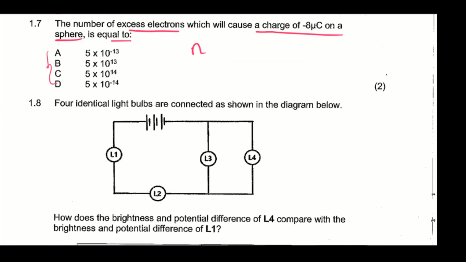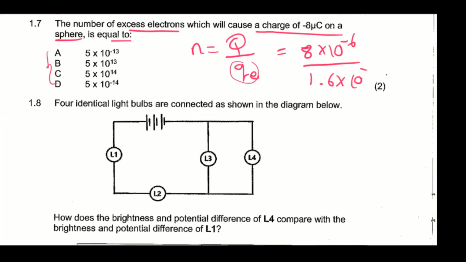So the formula is N is equals to the charge over the charge of an electron, right? In this case, we have minus. You can put the minus if you want, or you don't have to. I'm just going to write 8 times 10 to the power of -6 because it's micro, divided by the charge of an electron, which is 1.6 times 10 to the power of -19, right?